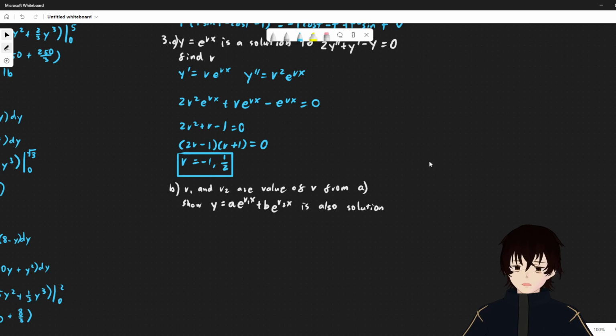Okay, so r1 and r2 are -1 and 1/2 respectively, so y is equal to a times e to the power of -x plus b times e to the power of x over 2.